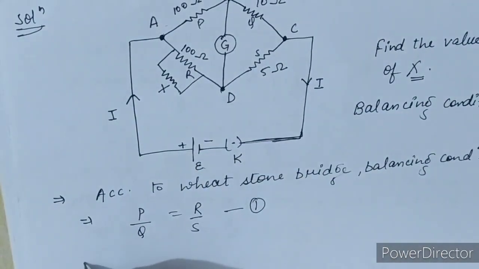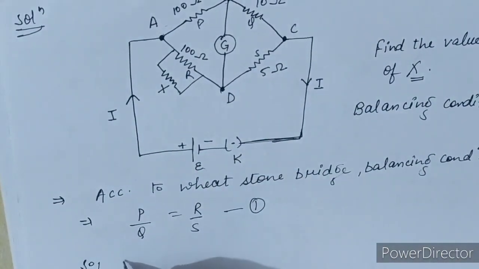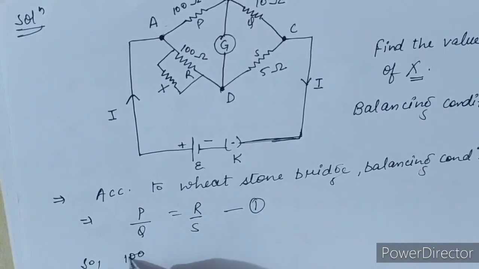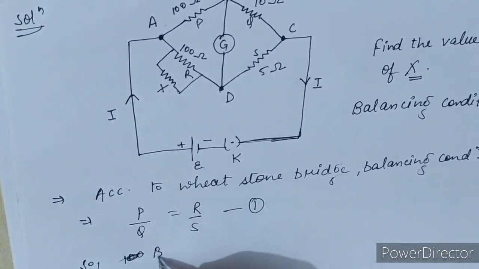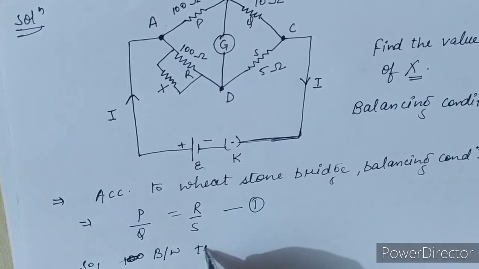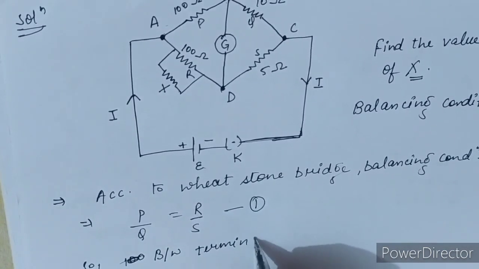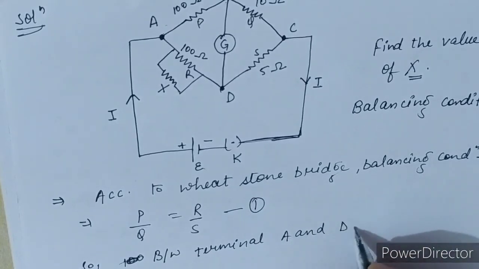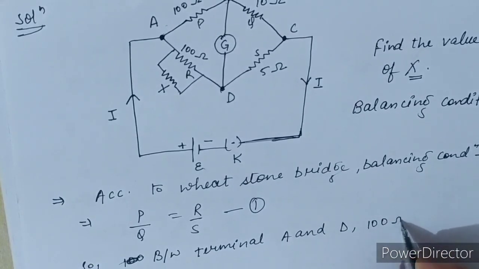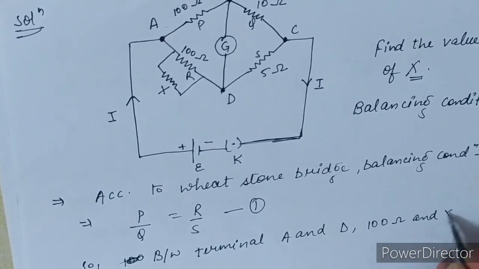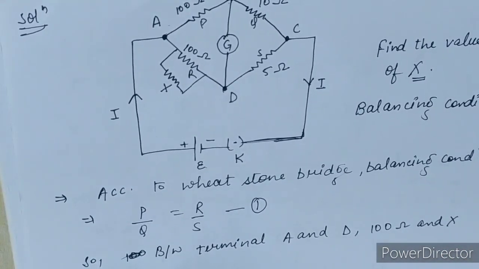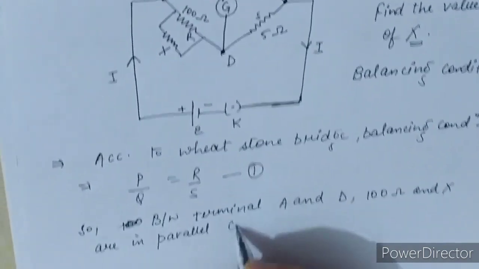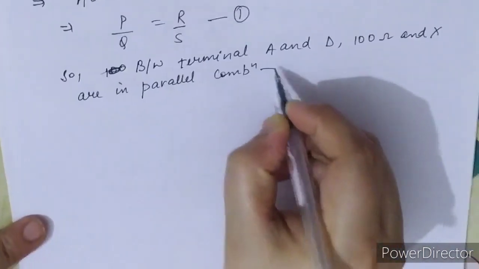Between terminals A and D, 100 ohm and X are in parallel combination.